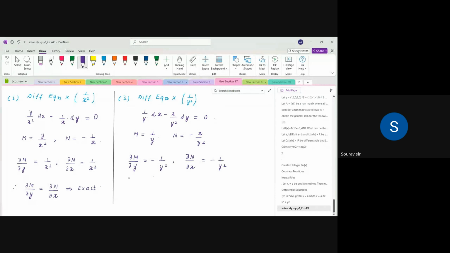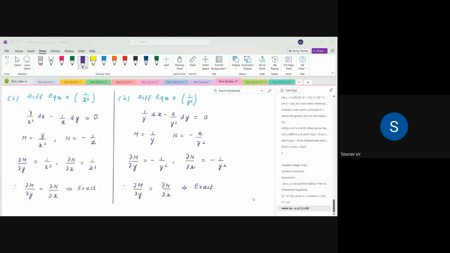So here also your del M by del y is equal to del N by del x, giving you an exact differential equation. Okay.